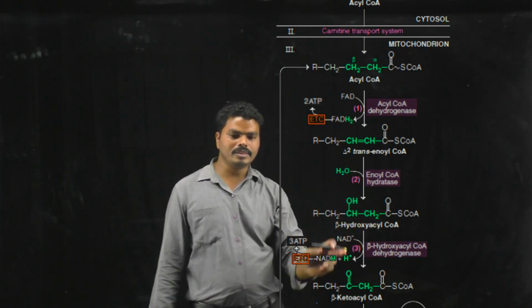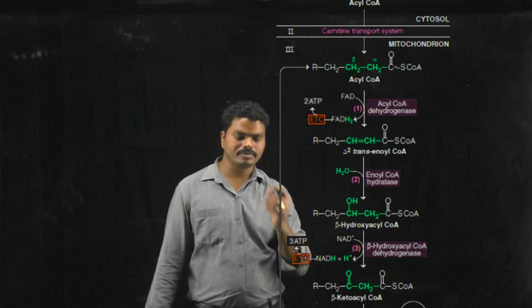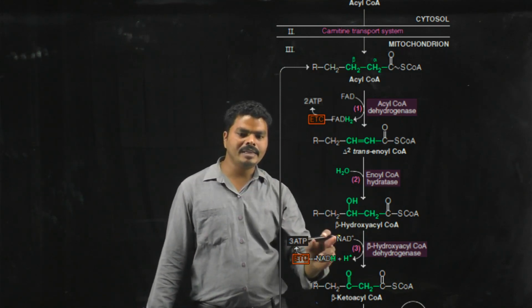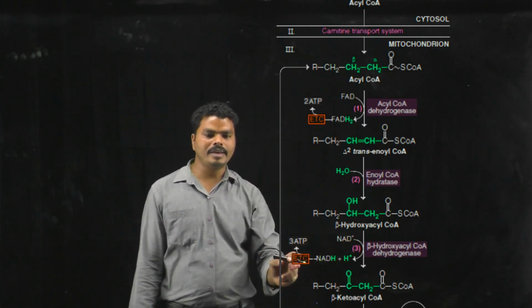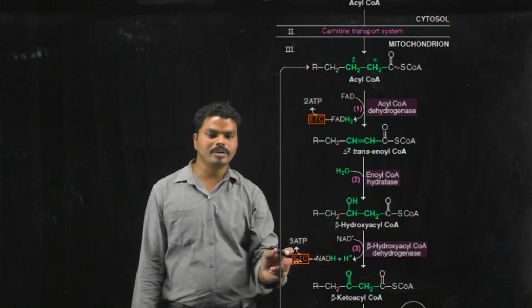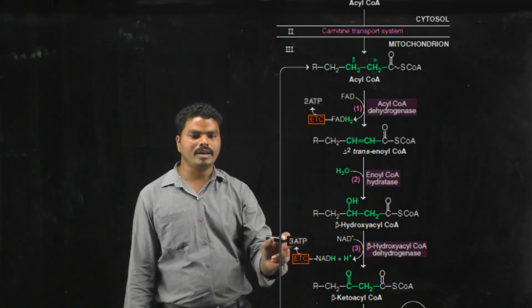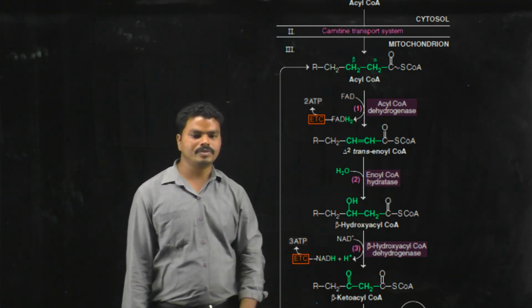During this process, one NAD is utilized and converted into NADH, and this will also enter the electron transport chain. Again, it produces 3 ATPs. Okay.